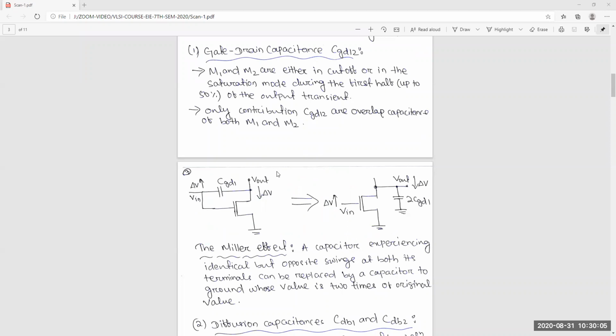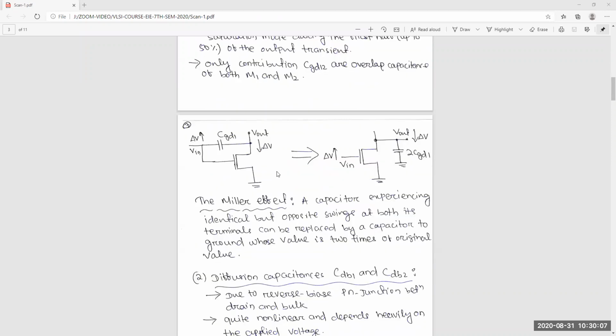Generally it is applicable to resistors also. If a feedback resistor is there from output to input, how will the split work for the capacitor? Everything is there, you can learn.